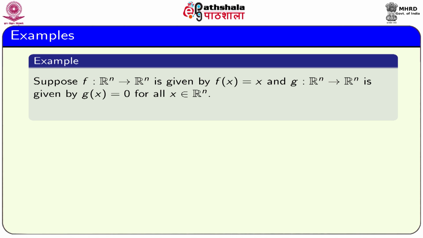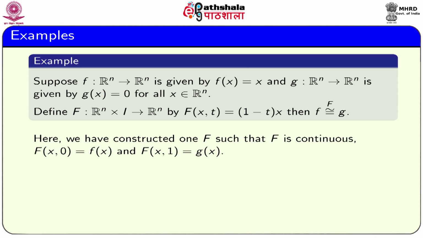Now, let us take one example. Suppose f is a function from R^n to R^n which takes any x to the same x. That means it is the identity function. And we take another function g from R^n to R^n, which takes all the points of R^n and maps it to a single point 0 in R^n. That means it is the constant function 0.